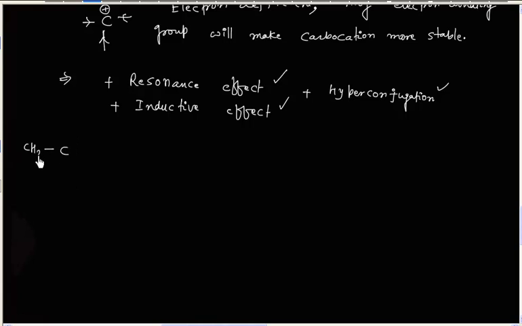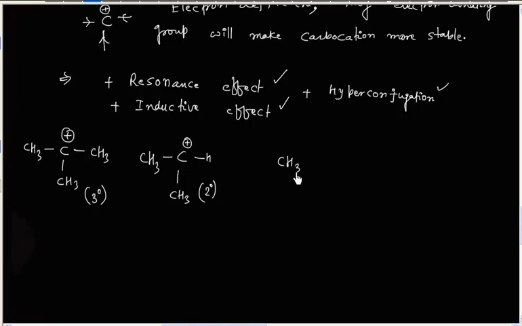Let us say we have this carbocation. This is a 3 degree carbocation. And this one is a 2 degree carbocation. This is a 1 degree carbocation.